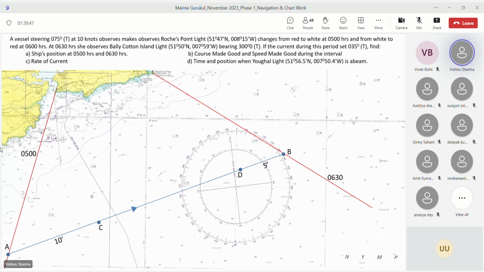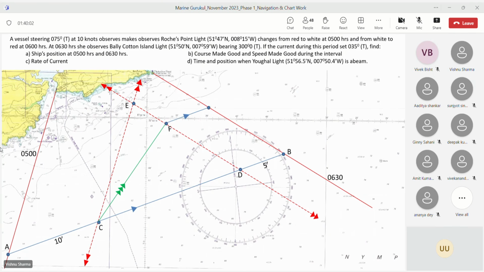How do you get point E? How do you get point F? How do you get point G? How do you get point H? Join EH.